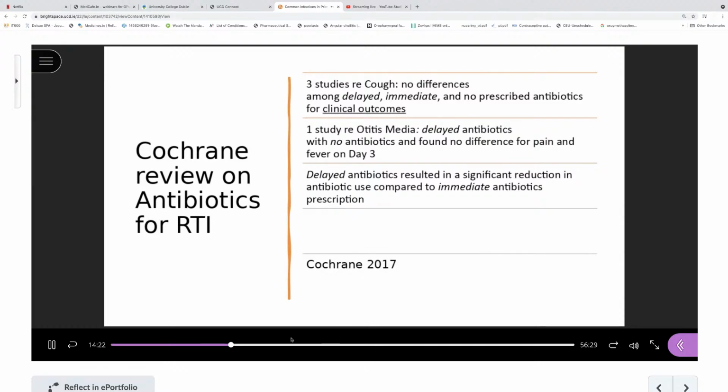Now, of course, we need to use our clinical judgment, and if we think that bacterial infection is likely and the symptoms are severe, we are going to go ahead with immediate antibiotics. But it's really for the somewhat more vague symptoms where it's not so easy to distinguish between viral and bacterial, where we may consider this delayed prescribing or no prescribing of antibiotics.